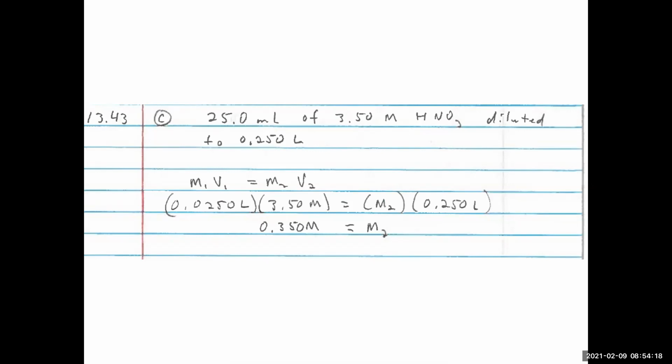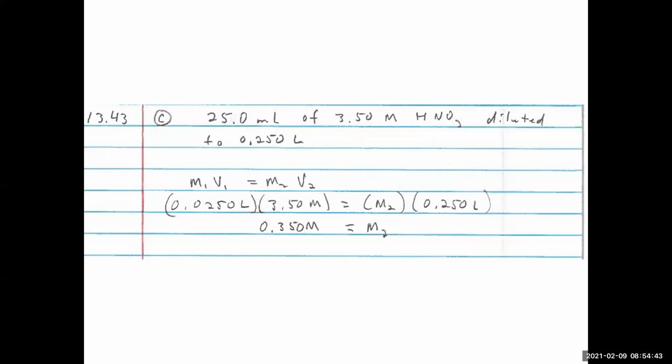And then 3.5 molar. Our new solution is what we're trying to solve for, M2, and V2 in that case is 0.250 liters. The key here is you can either have both those volumes in liters or both in milliliters. It'll work either way. What you can't do is have one in mils and one in liters, because then you'll get the wrong answer.